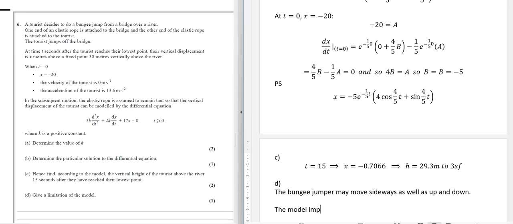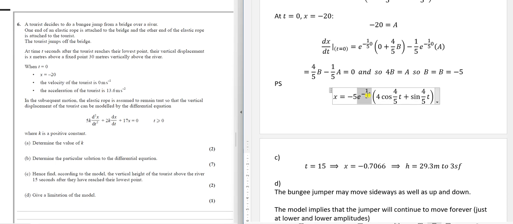Perhaps we say the model implies that the jumper will continue to move forever, just at lower and lower amplitudes. But again, that feels a bit unsatisfying because the exponential decay does imply that it's going to taper off significantly.